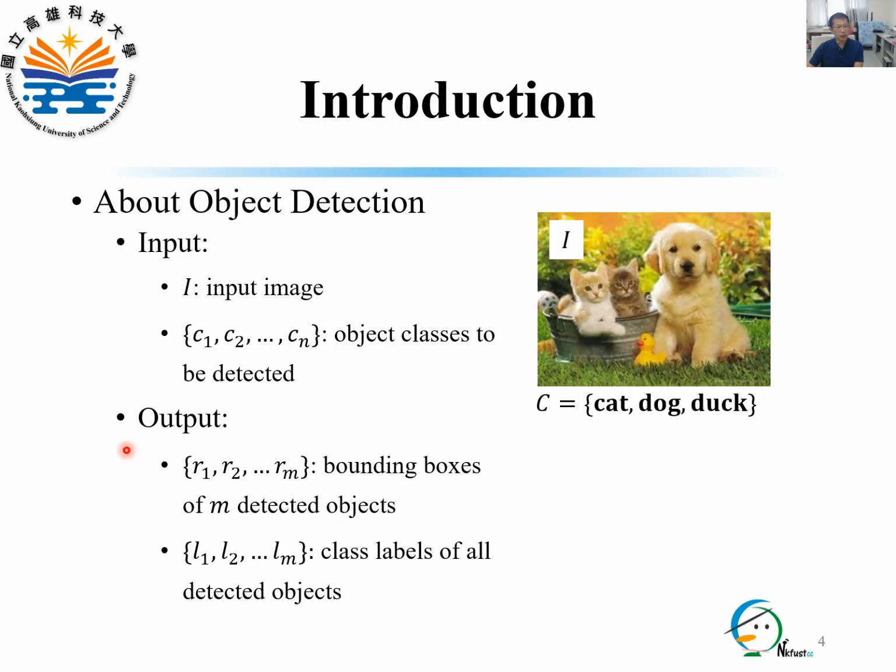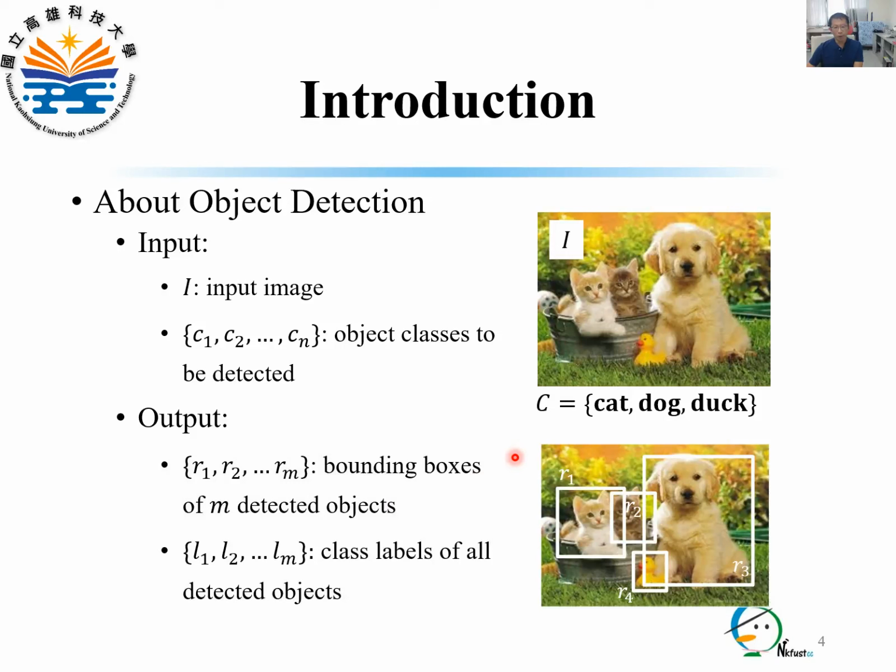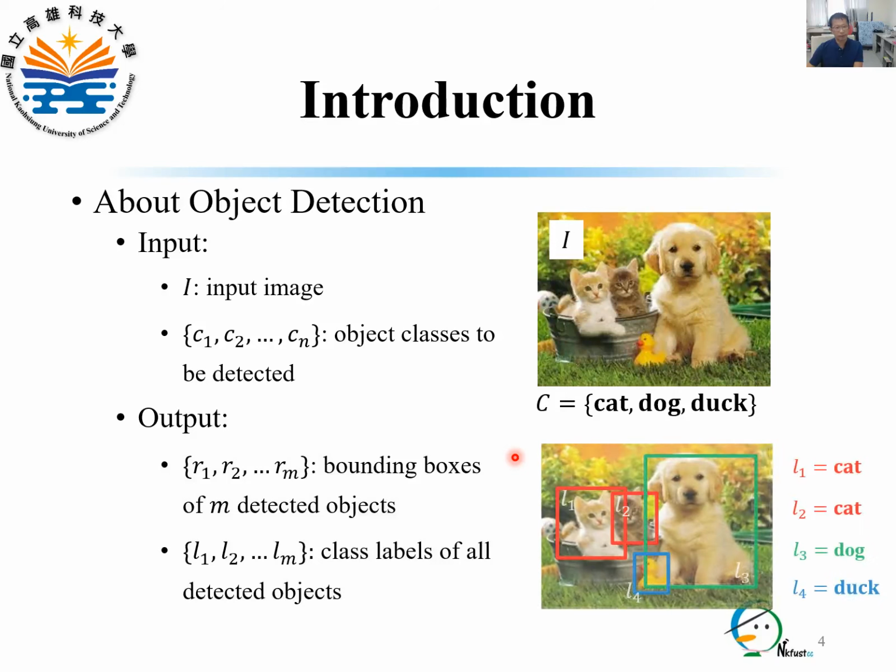The outputs are bounding boxes of the detected objects and their class labels. The output of this example are the bounding boxes of 4 detected objects and their class labels respectively.